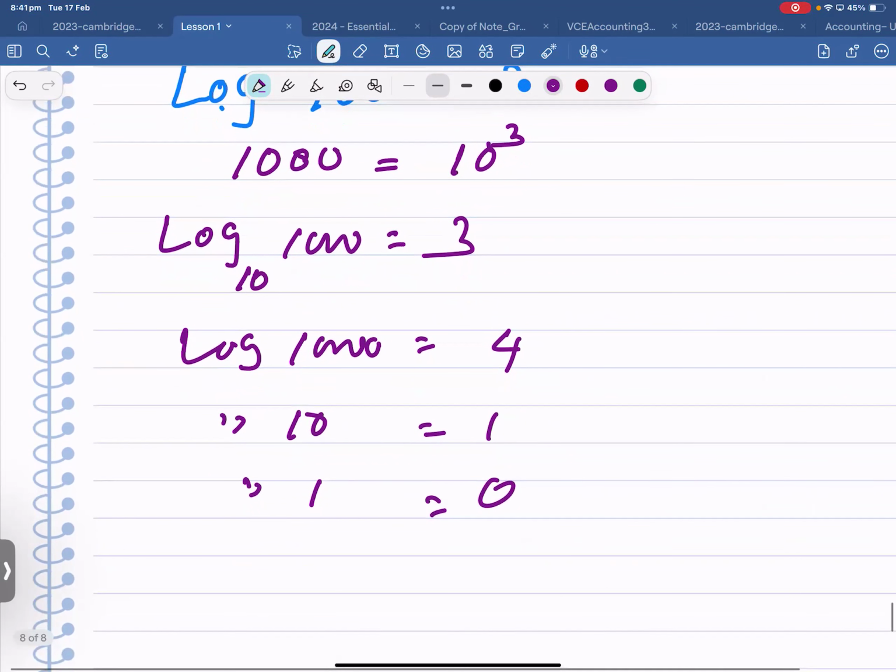Okay? And then look at this. In between, if you ask me what is the log value of 0?